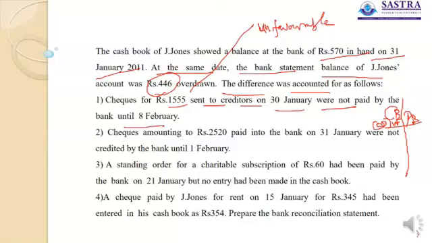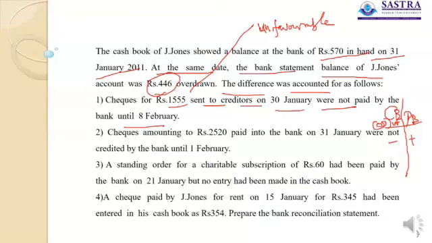Until 8th February, these checks were not paid to the customers for whom J. Jones paid. So the 1555 check recorded as payment in the cash book, whereas not paid until 8th February, would show increased passbook balance.